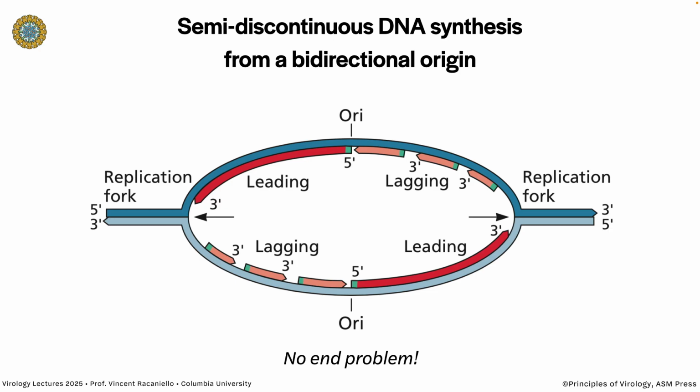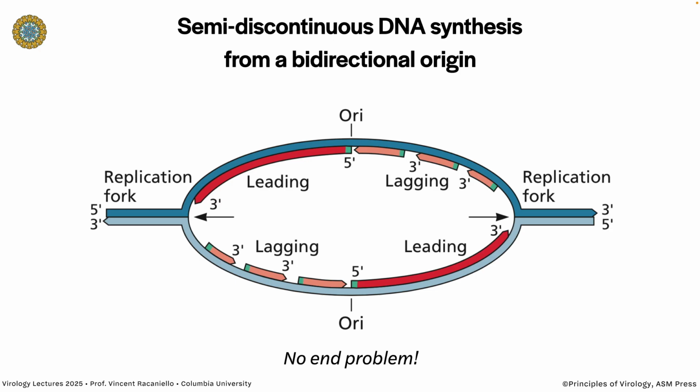It's 5 to 3 prime. And as the bubble gets bigger, the polymerase proceeds, and that product gets bigger and bigger. So 2 leading strands. The problem is there are lagging strands. This part, you cannot synthesize from left to right because it's the wrong direction. You have to go from right to left, which is 5 prime to 3 prime.